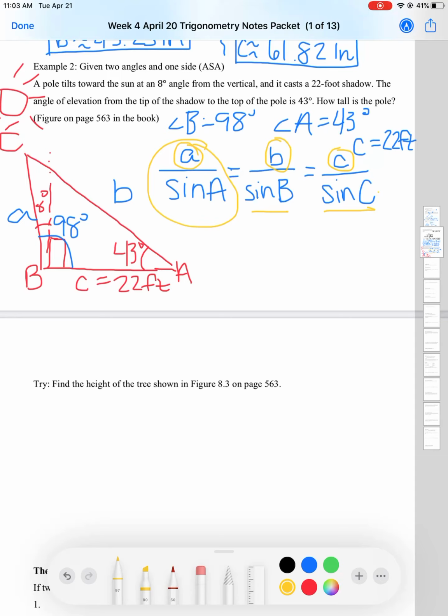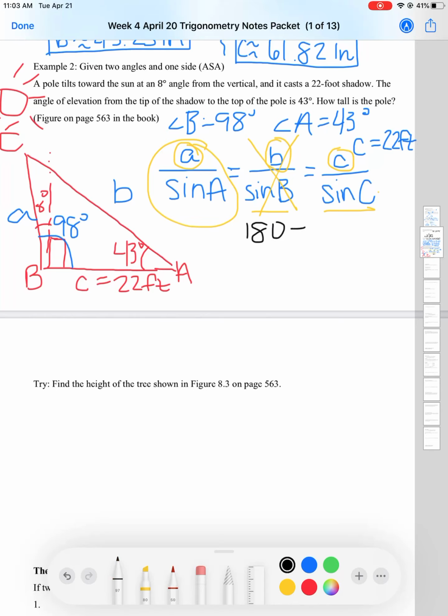I hope you said angle C is going to be easier to find than side B, because there's really no way to find side B unless we use law of sines in another whole problem. So we're going to use the fact that all three angles in a triangle add up to 180 to find angle C, and then use law of sines to find side A.